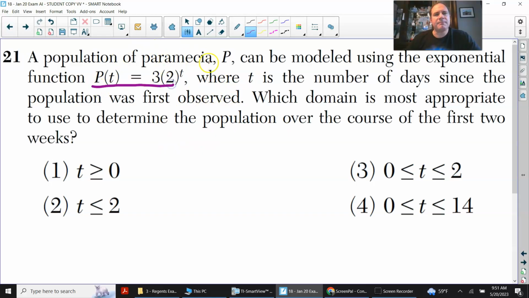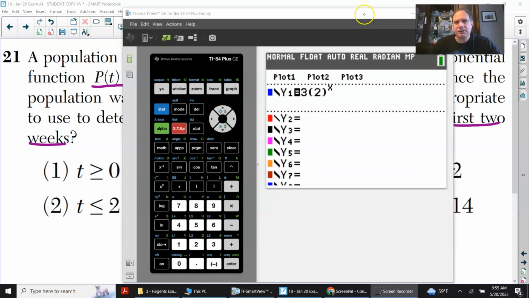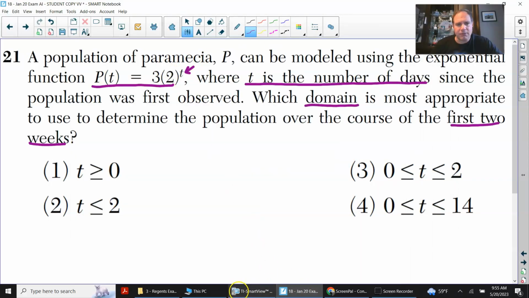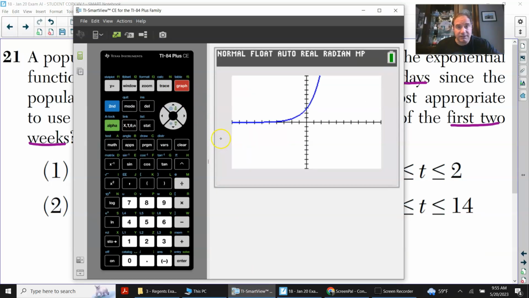This is a function, population of paramecia. P can be modeled using the exponential function p of t, and you're substituting that t in, equals 3 times 2 to the t power. All right, so we're going to put this into the calculator just like that, and we're going to press graph, and we're going to see exactly what that does, and that's what it does.